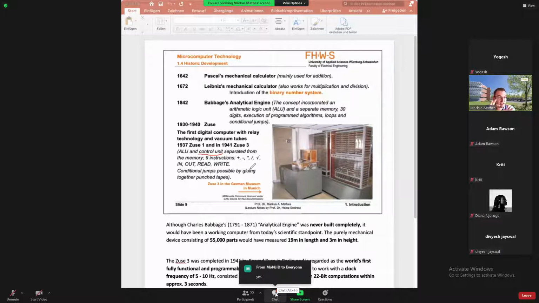A punched tape is in the end a tape of paper, and in this tape you can put holes for, I think, a 1. If there is no hole, then it's a 0. So you have to implement your programs as a scheme of holes and non-holes on this strip of paper. And if you want conditional jumps, you simply glue together these pieces of paper.